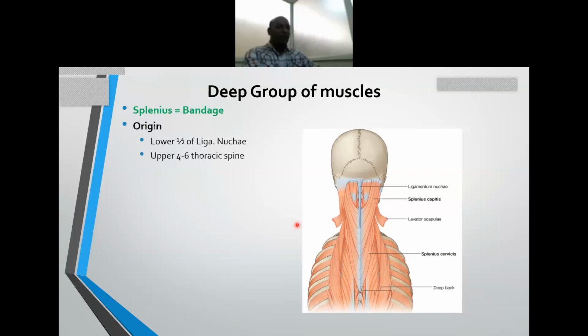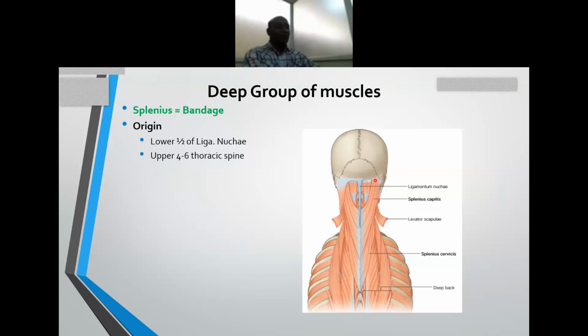Coming to the deeper groups, splenius is a wide band of muscle which has multiple fascicles. Some fibers extending from the splenius thoracis and splenius cervicis will also merge with the splenius capitis.